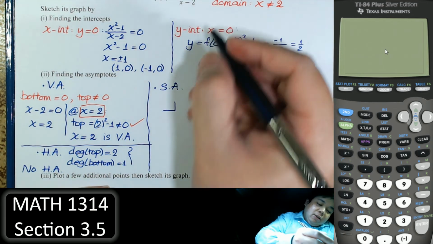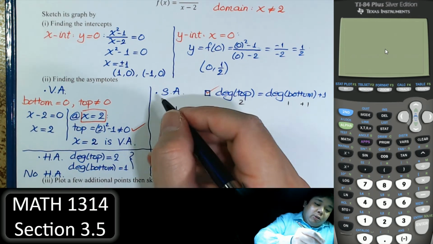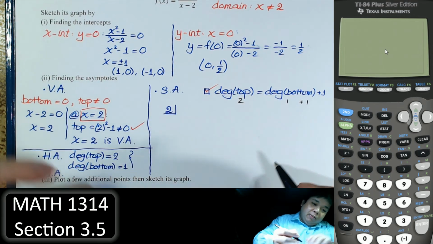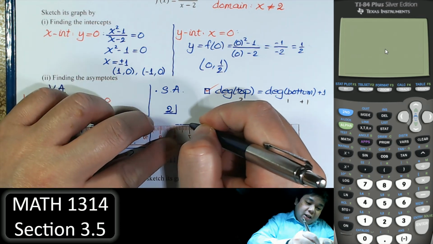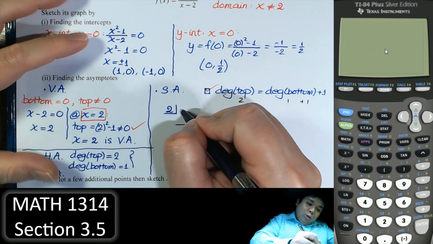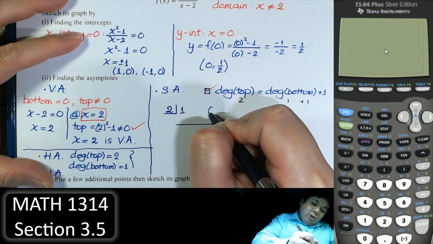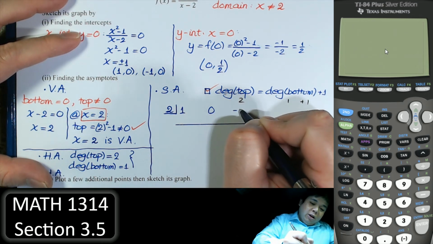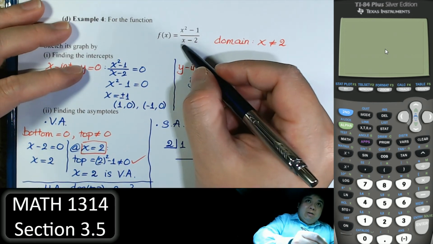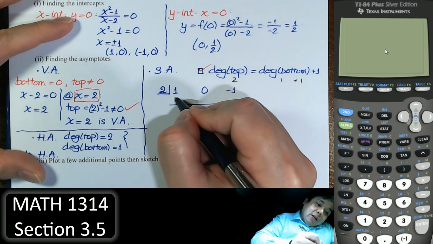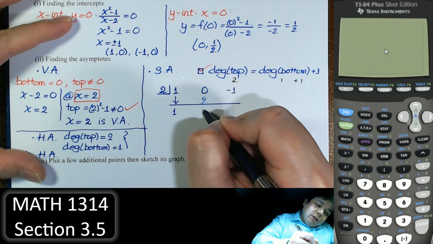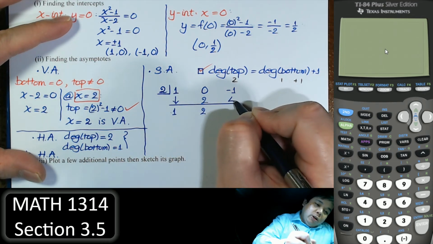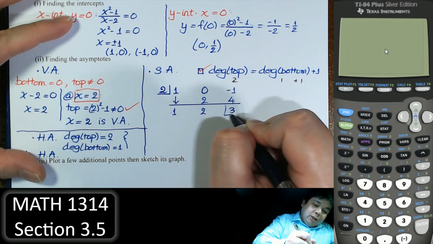This time we divide by x minus 2, so we're going to put 2 in that corner. X squared minus 1, notice that we have 1x squared, 0x, and there's negative 1. Put 0 in because there's no x there. Right, drop down 1, 2 times 1 is 2, 2 times 2 is 4, that gives us 3.